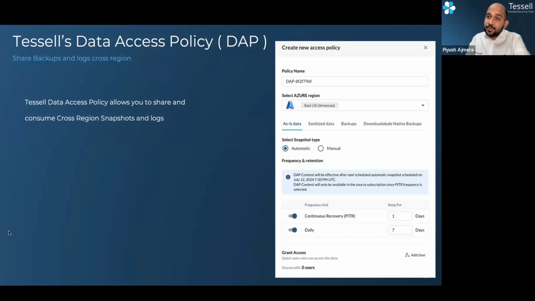Yes. And the most important part, you do not have to have the VM running. You do not have to have the licenses for that VM, right?